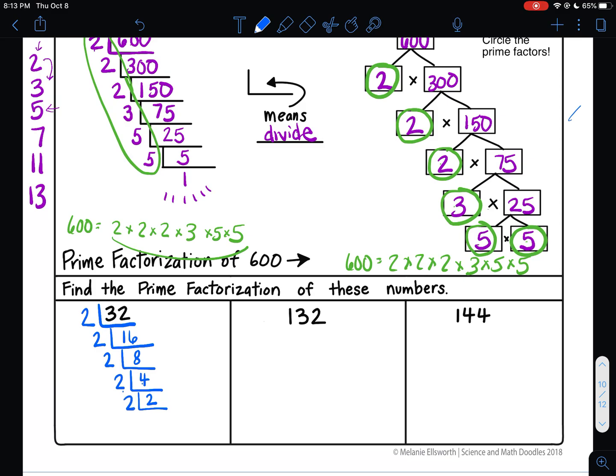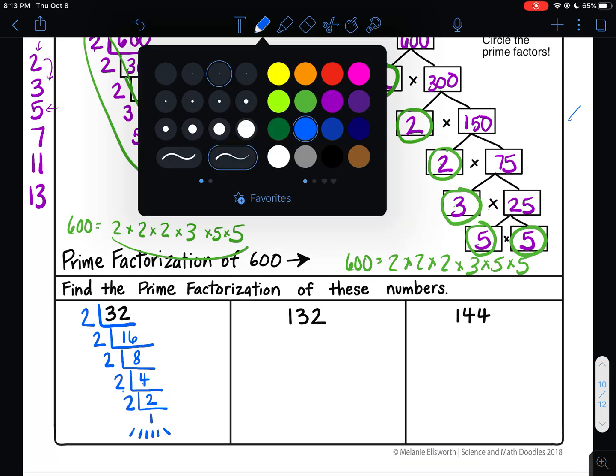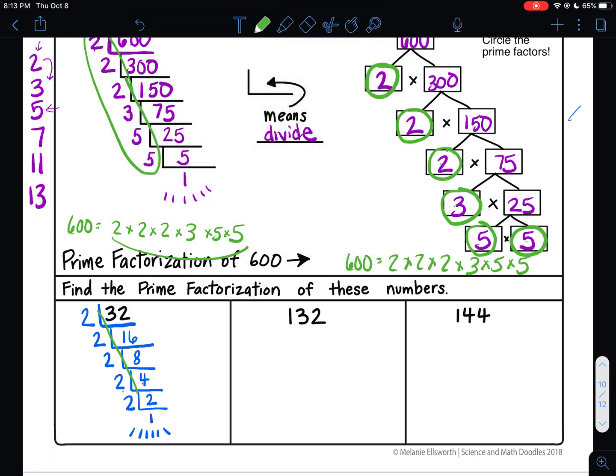Well, 2 is divisible by 2. And then I get my birthday candle 1, because 2 divided by 2 is 1. So then my prime factorization is all the numbers on the side. So 32 equals 2 times 2 times 2 times 2 times 2. And if you multiply that all together, you should get 32 if I did it correct. Which I did, I promise.